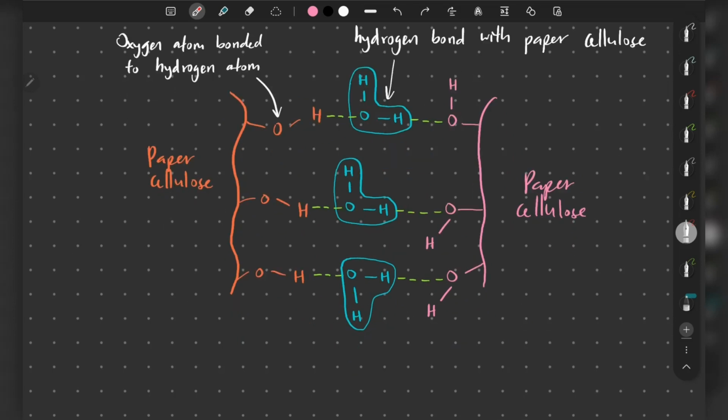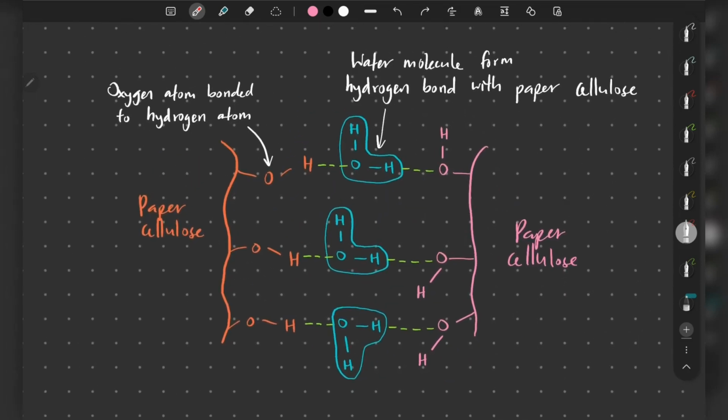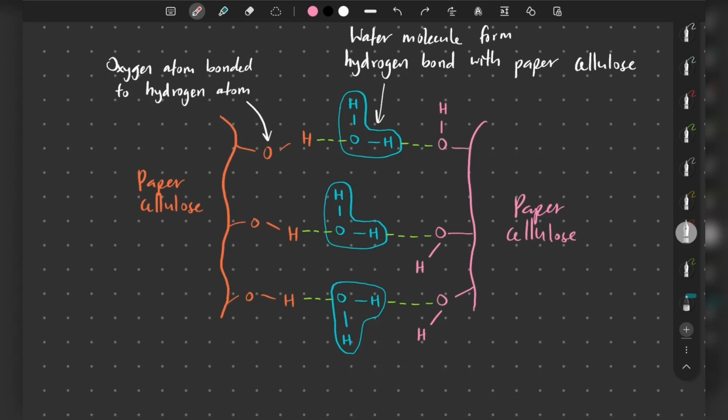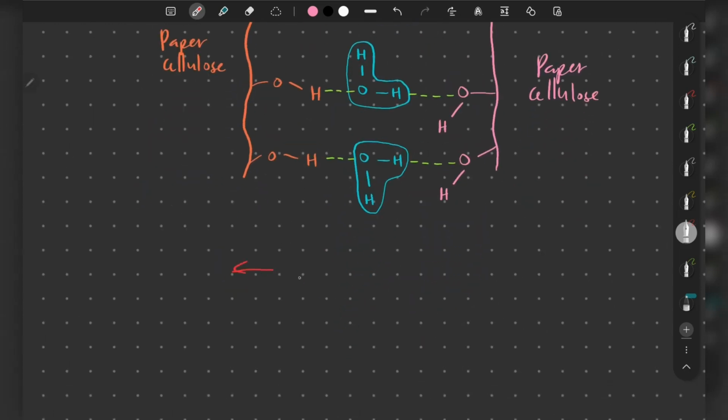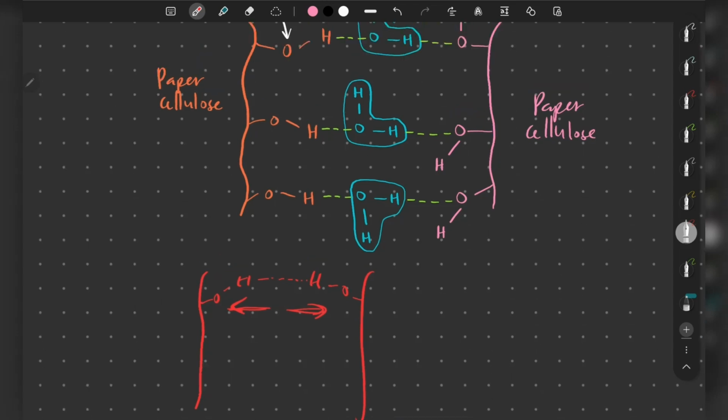Okay, so you can imagine that when the paper is not wet, it will repel each other. Imagine this is the first molecule and the second molecule of paper cellulose. So when it bonds with hydrogen bonds between each other, it will sort of repel each other, so it will not stick to each other.